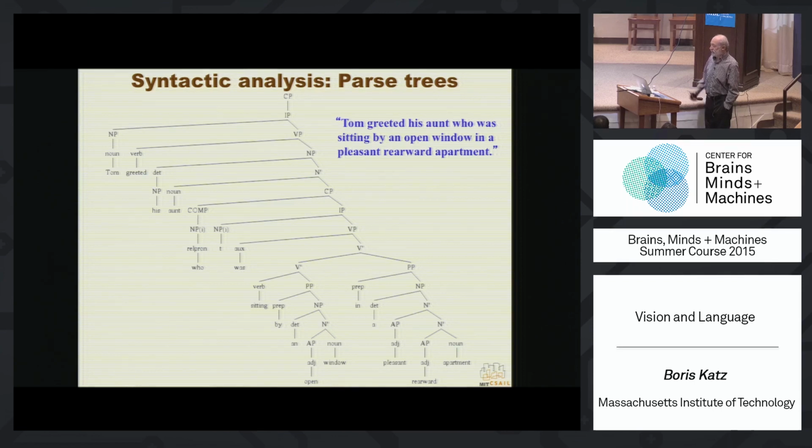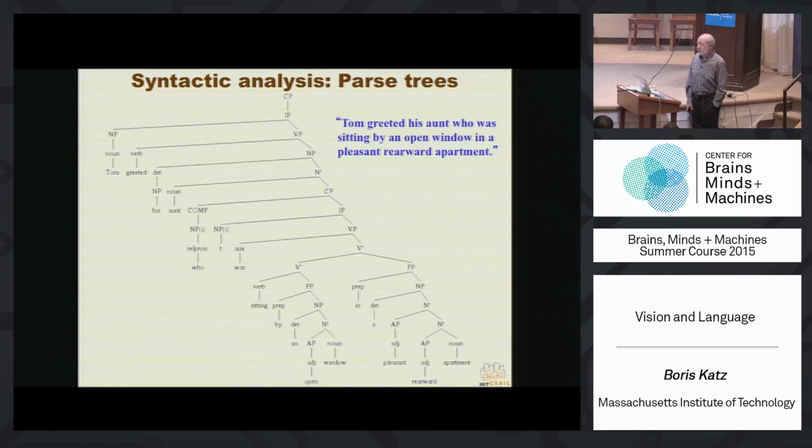This is an example of a sentence from Tom Sawyer. Tom greeted his aunt who was sitting by an open window in a pleasant 3-word apartment. And linguists like to argue about exactly the representations, but pretty much most of them will agree that something like that represents the syntactic structure of this sentence.